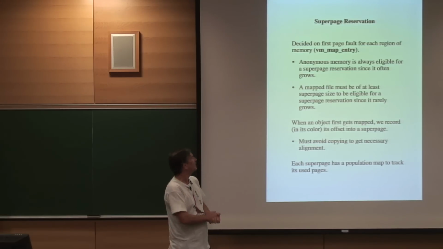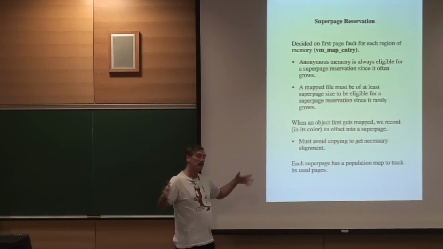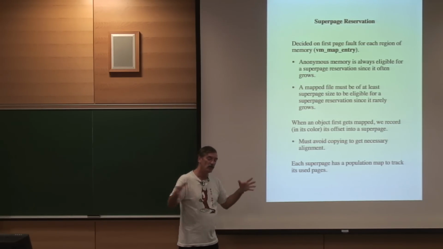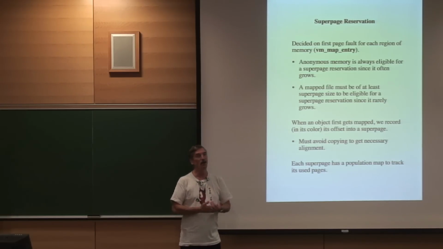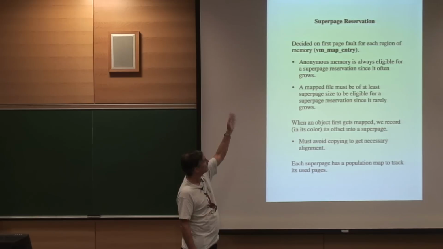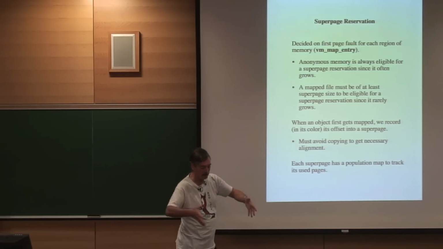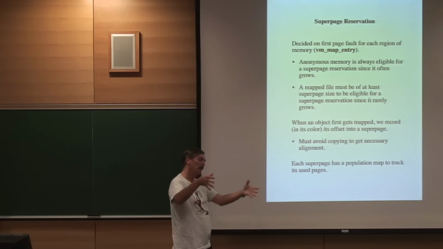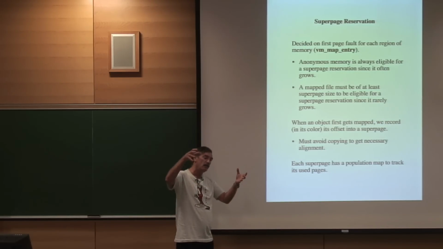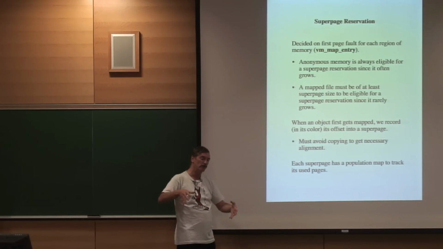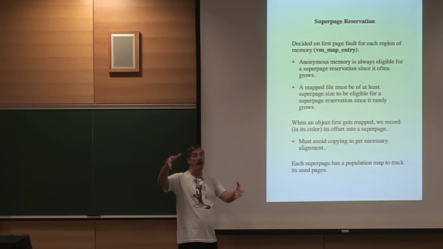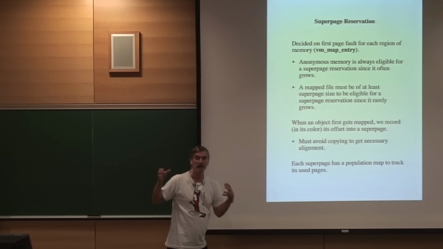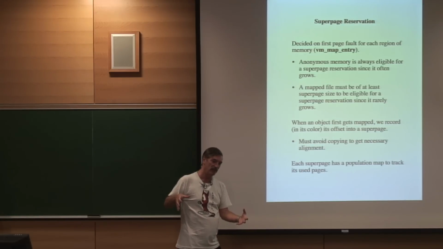Well, we don't really know necessarily what you're going to do, but we get some hints. So the first thing that we'll do is we'll say, all right, what exactly is this piece of your program doing? And when I say piece of the program, what I really mean is your program is made up of a bunch of objects. So one object is the text of your program. Another object is the initialized data of your program.